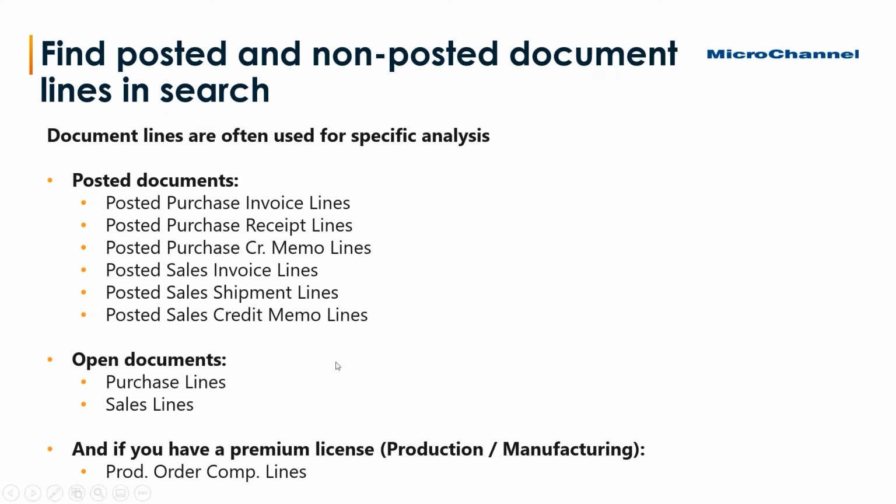And again, if you are using a premium license as opposed to the essential license and therefore have access to production and manufacturing, you will now have the same features under the production order consumption lines. So I think that's going to be a very useful tool that they've provided in the latest version.